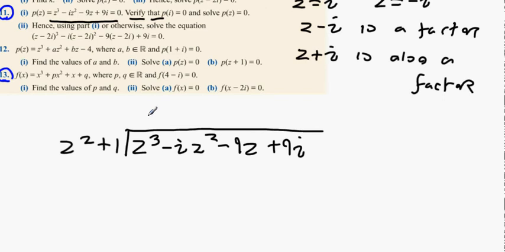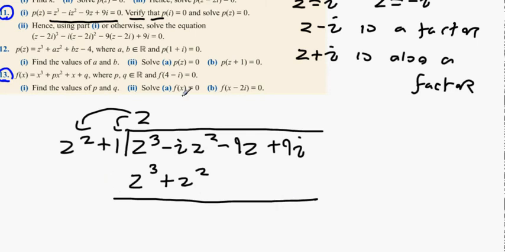What's going to happen is z goes in there, and it's z cubed plus z, and that's iz squared, so it's going to be z cubed plus z squared. Okay, and then we've got to take these away.